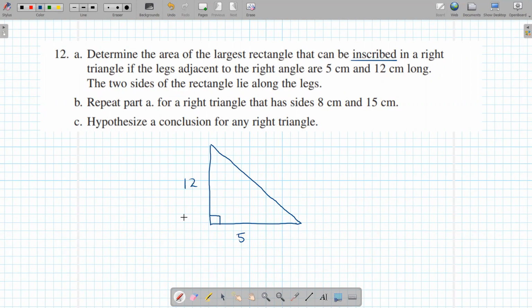It says the two sides of the rectangle lie along the legs. So what does that mean? I think it means something like this, like that. So this is going to be our rectangle here. And we need to maximize the area of that rectangle. Make sense?